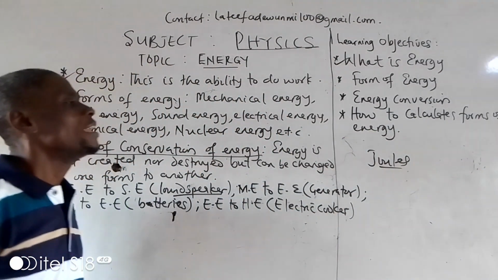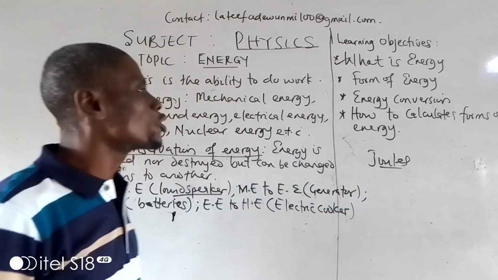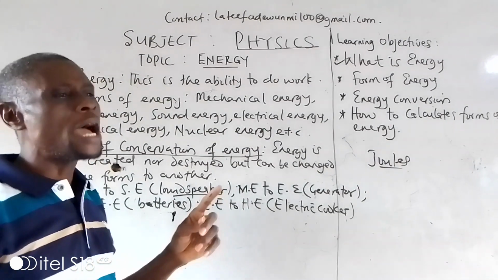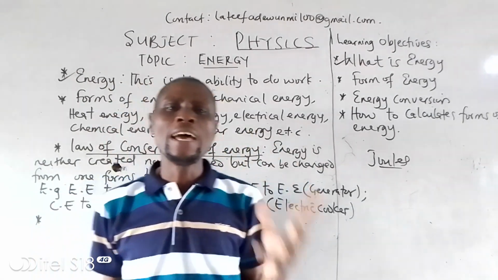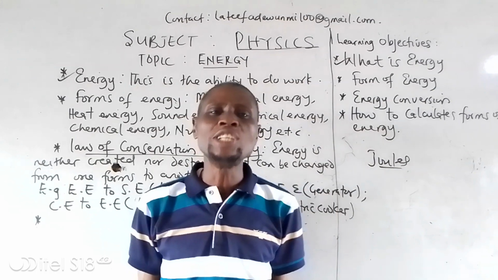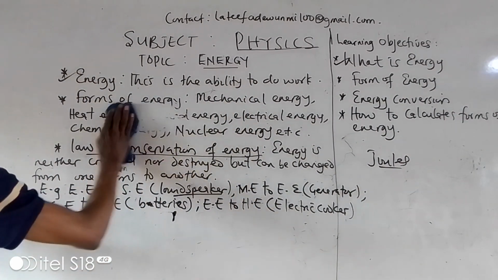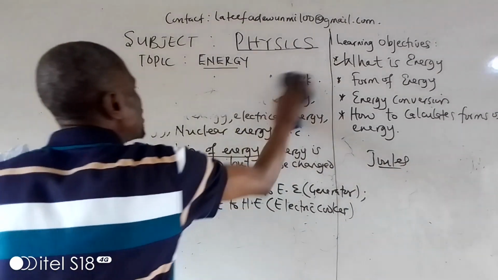Having said that, let us now look at our last learning objective, how to calculate forms of energy. In this area, we are going to look at the two main forms of mechanical energy, which are kinetic energy and potential energy.